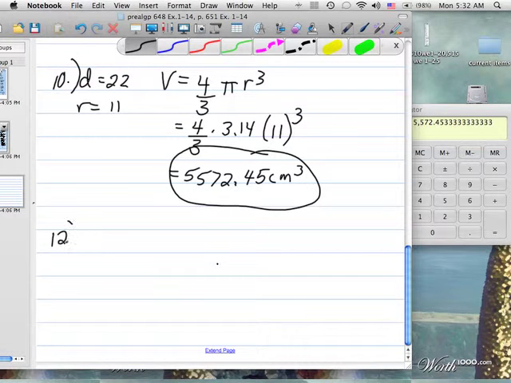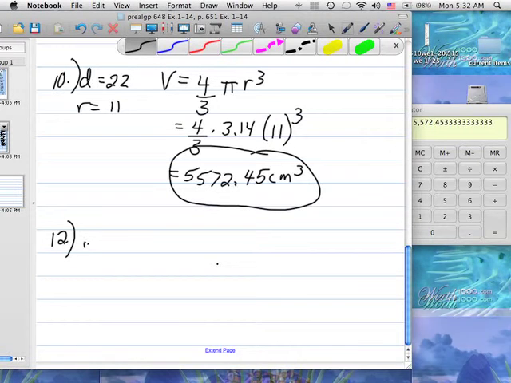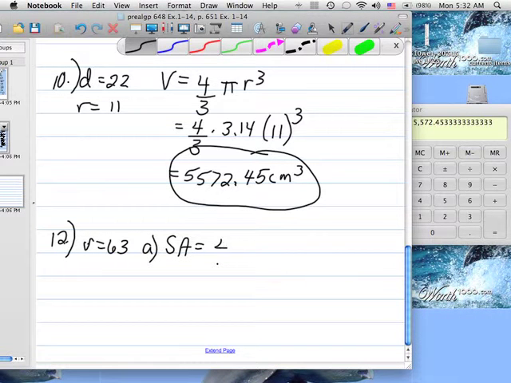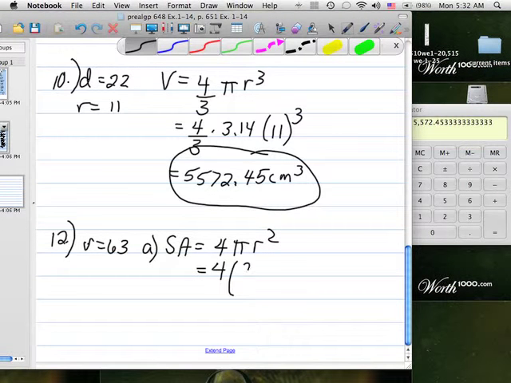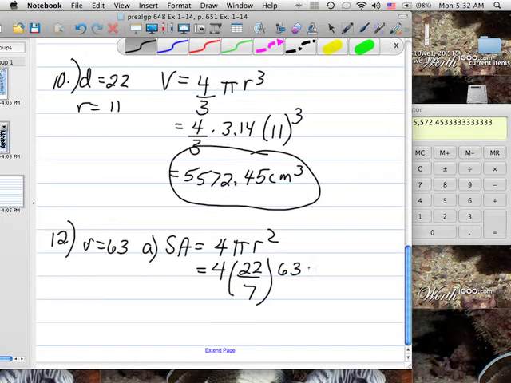Number 12, they want you to find the surface area and the volume of the sphere described. So this one is the radius is 63. So 2 parts. A, surface area is 4 pi r squared. Since 63 is divisible by 7, we'll use 22/7. Radius squared is 63 times 63.